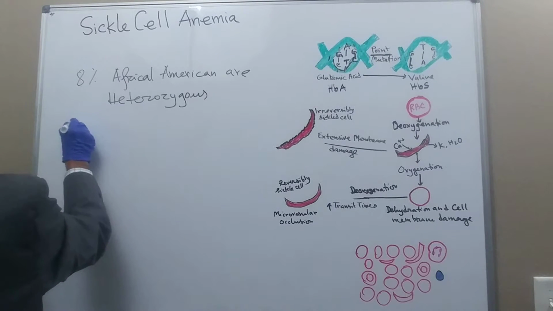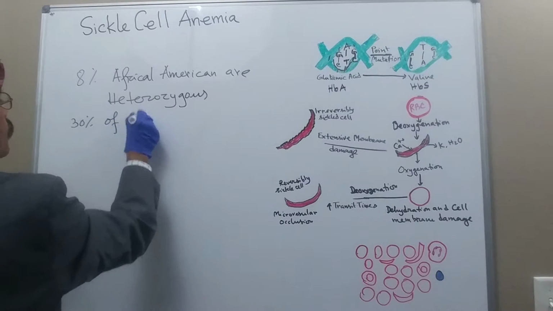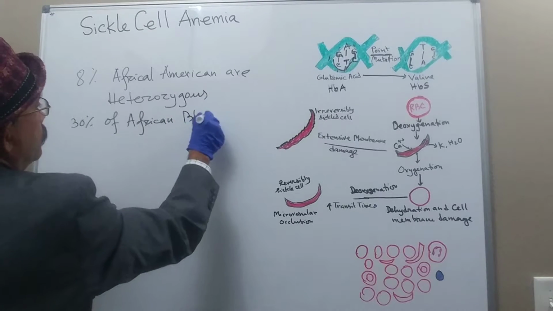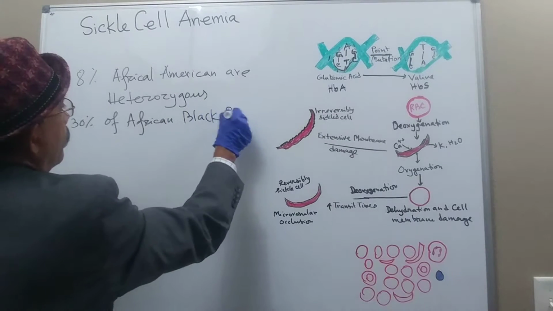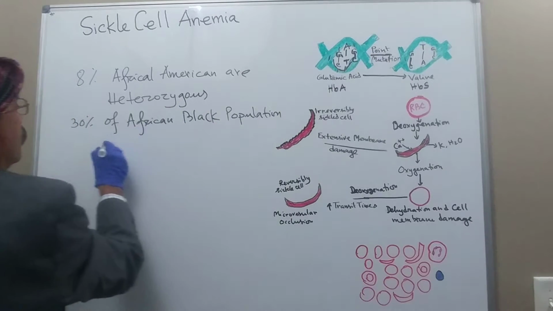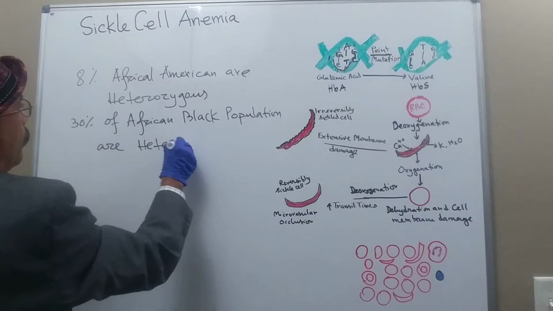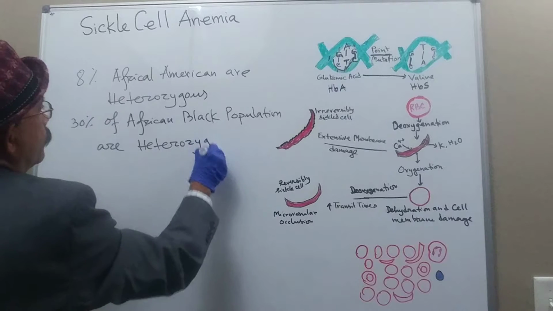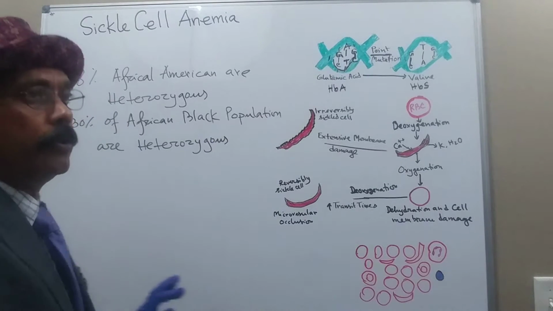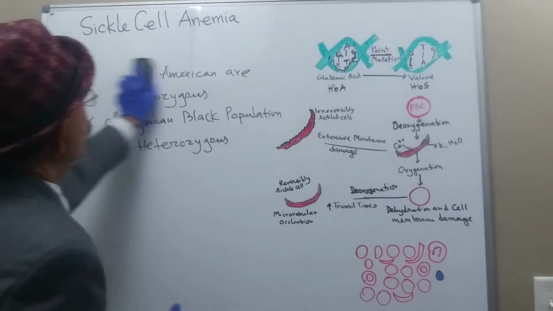It is also present in Africa, where 30% of the African black population are heterozygous. Okay, you got that? So what is the pathogenesis?